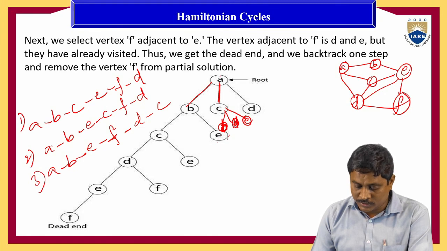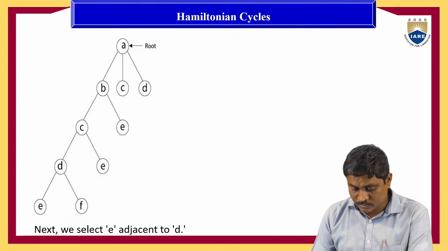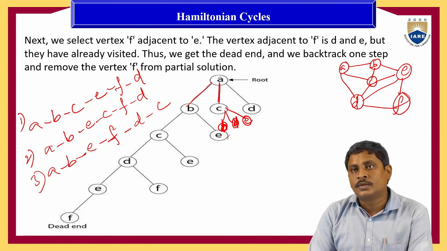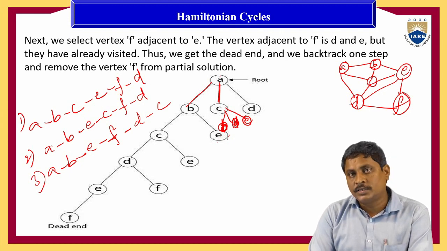Here observe that B to C is also there. So now A to C path, A to C, B, D, E, three adjacent vertices are there.